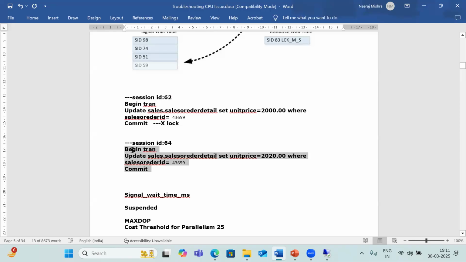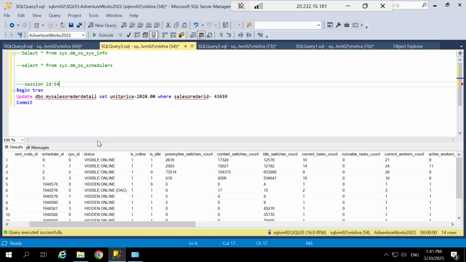This query thread, rather it is a transaction here, will have to wait, right, for one millisecond. And in that time, it will show in the suspended state. Let's see it here. If that will not reproduce, I will forcibly wait for some time.